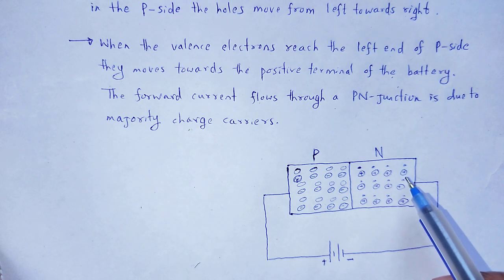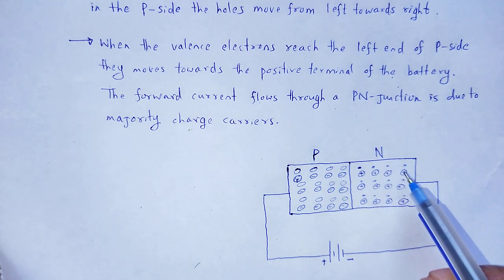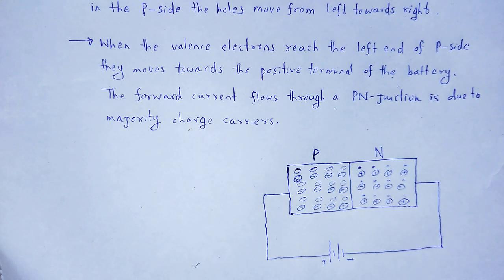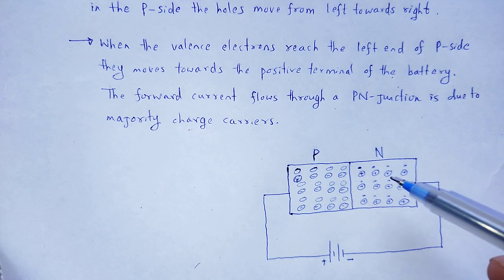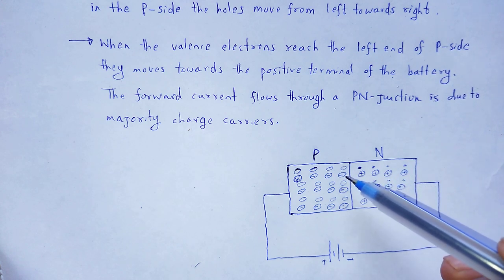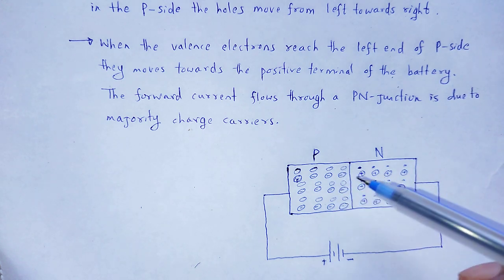Positive are the donor ions, whereas negative are the acceptor ions.